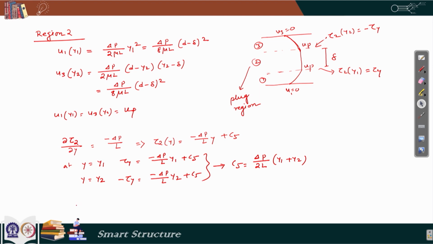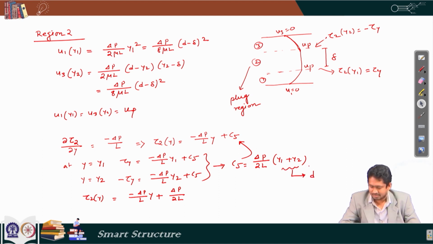And again, if we put that same value of C 5 here, then we get tau 2 of y is equal to minus del p by L into y plus del p by 2 L multiplied by y 1 plus y 2, and we know that y 1 plus y 2 is d, because y 1 is d minus delta by 2 and y 2 is d plus delta by 2.